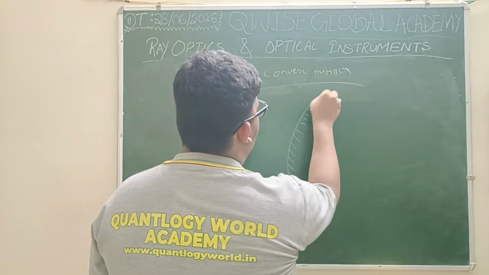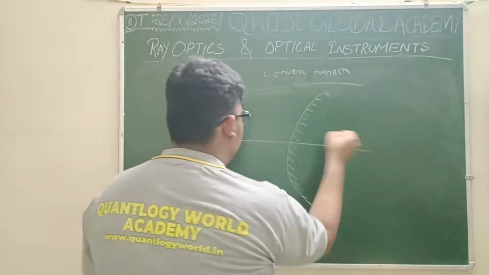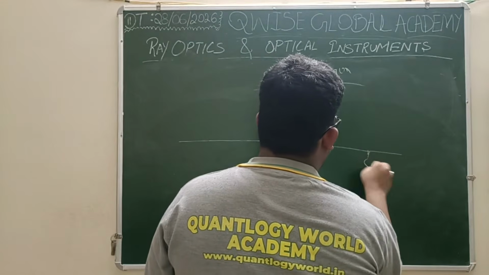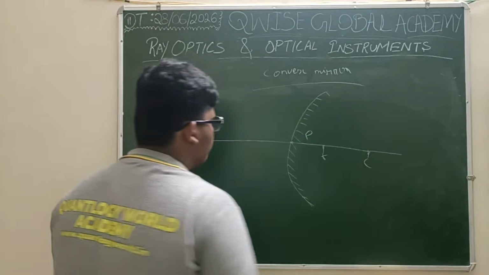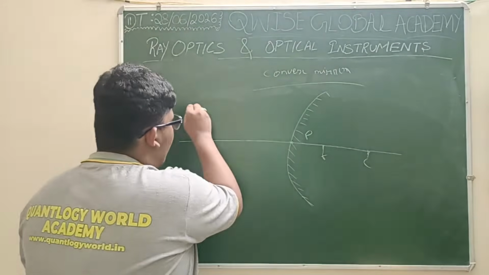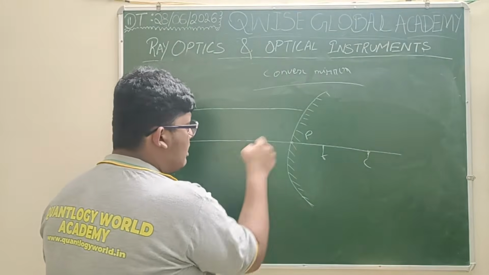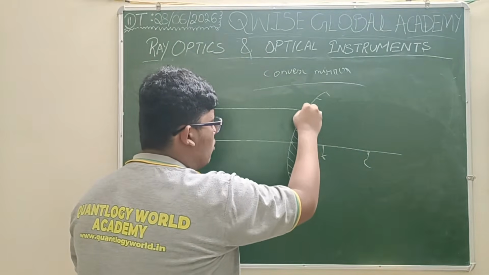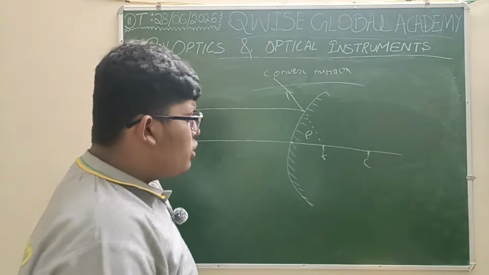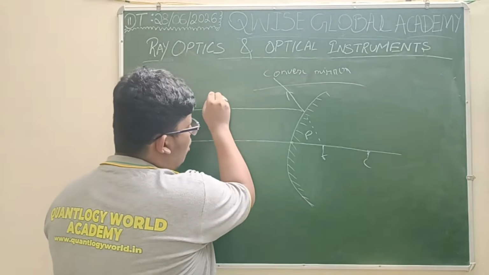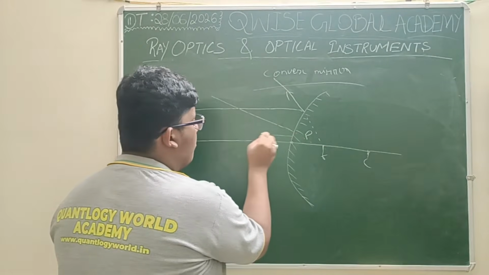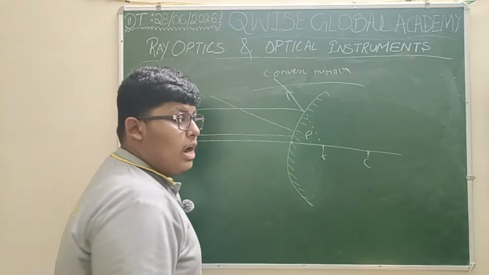This is the silver polished part, this is the reflecting part, pole, center of curvature, focus. The cases of reflection in convex mirror: when light falls parallel to the principal axis, then it appears to pass through focus. When light appears to fall at focus, then it reflects parallel to the principal axis.